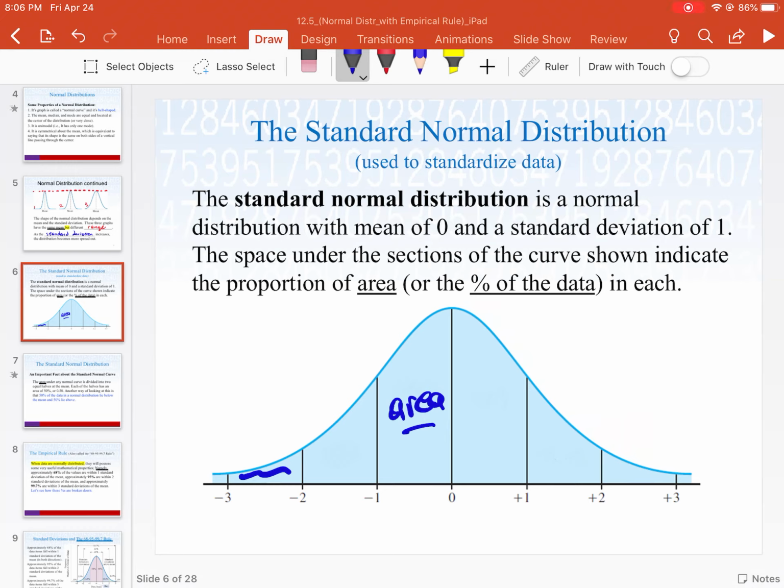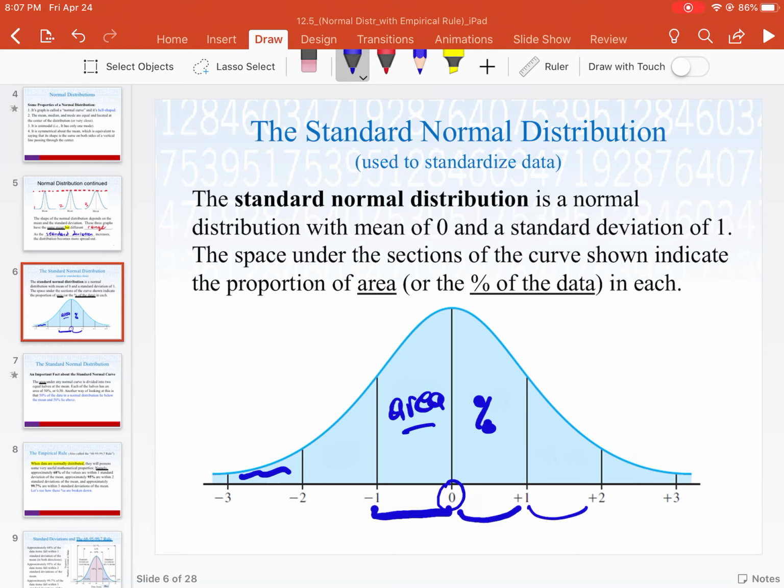Okay? And on a normal distribution, the mean is your beginning, or it's the 0 locator, ground 0. If I go up 1 standard deviation, then I'm going to have a certain percentage of the data set or a certain area of the data set.